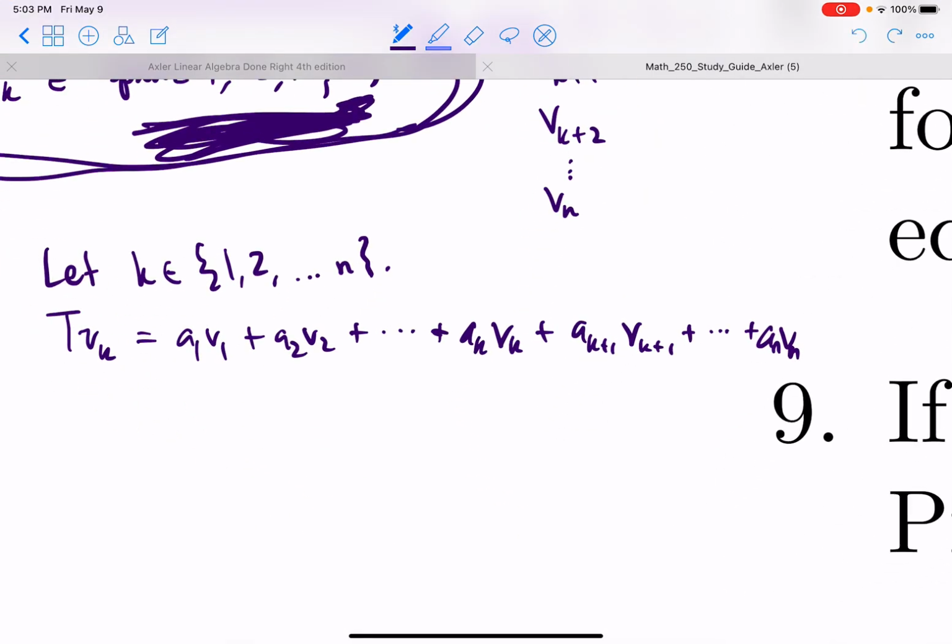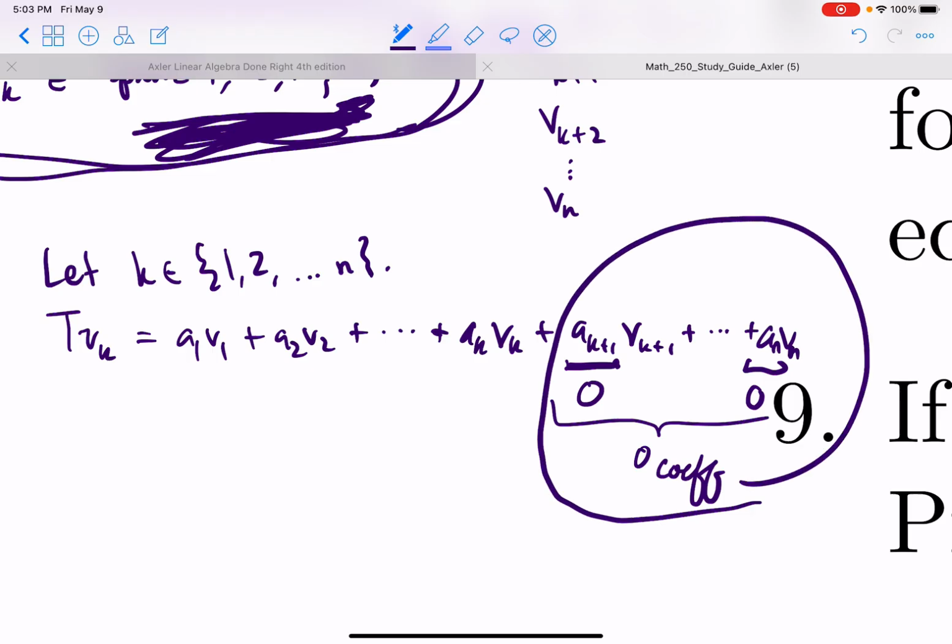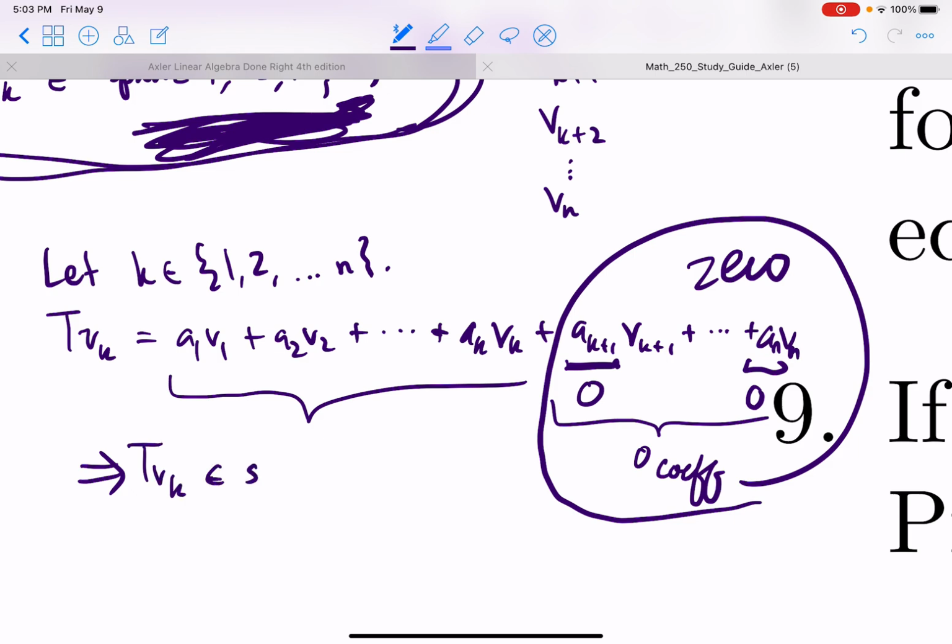And if it's upper triangular, then all these numbers are 0. All these numbers have 0 coefficients. Because the matrix is upper triangular, we know these are all 0. And so that means that this is Tvk. But then Tvk is just a linear combination of v1 through vk. That means that Tvk is in the span of v1 up to vk.